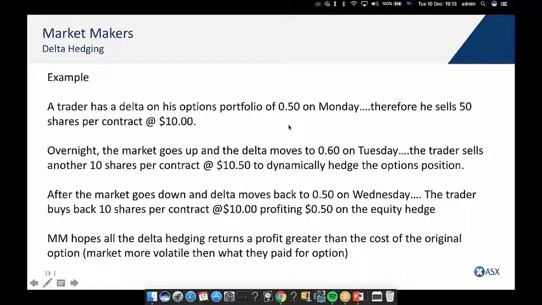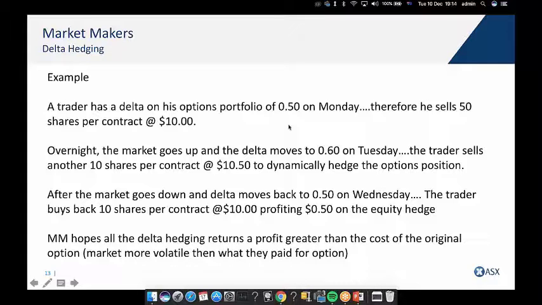After the market goes down, let's say it does, and the delta moves back to 0.5 on Wednesday, the trader doesn't need those additional short sold 10 shares, so they buy back those 10 shares and actually make a profit on that trade. They sold 10 shares at $10.50, buying back at $10, and made a profit of 50 cents.